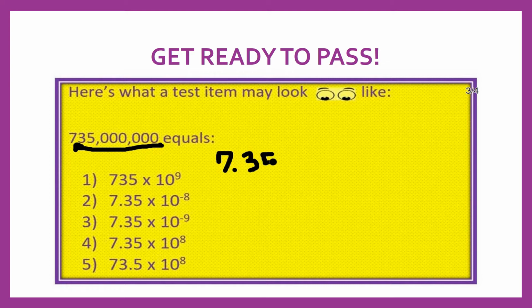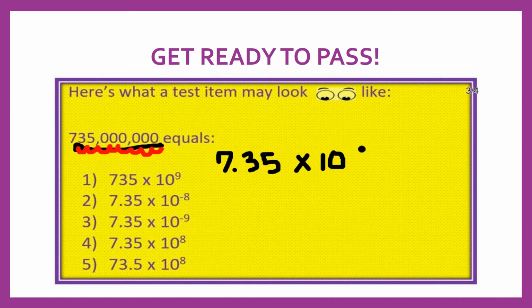Now we're going to multiply this value by 10. To determine our exponent, we need to know how many spaces we moved our decimal point forward. When we count, we get 1, 2, 3, 4, 5, 6, 7, 8 spaces.